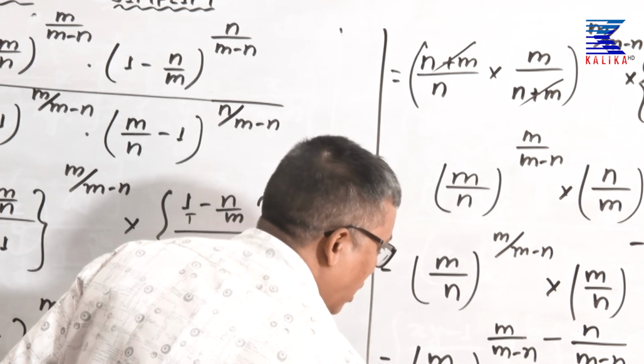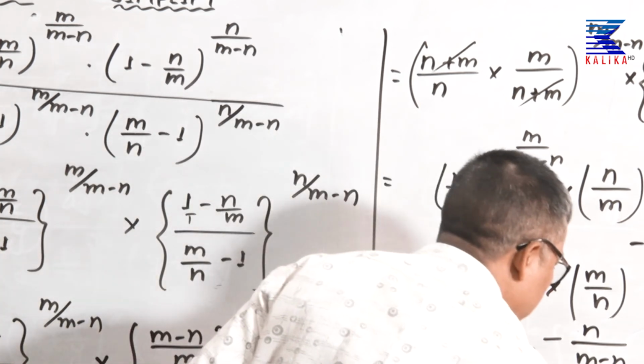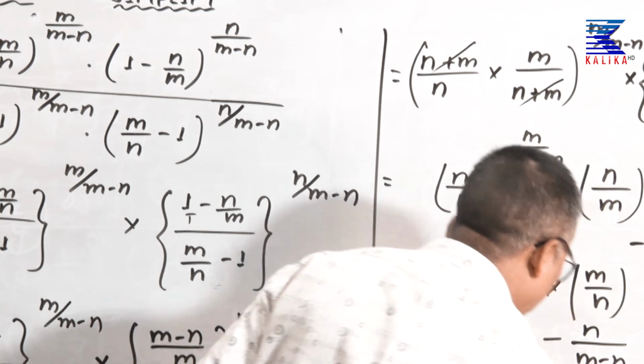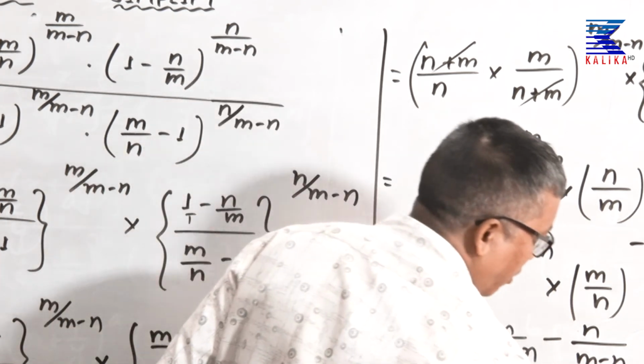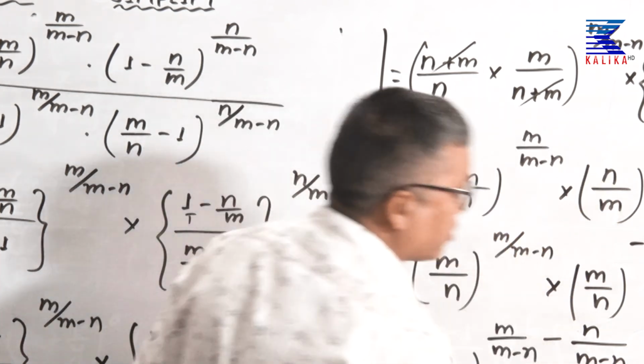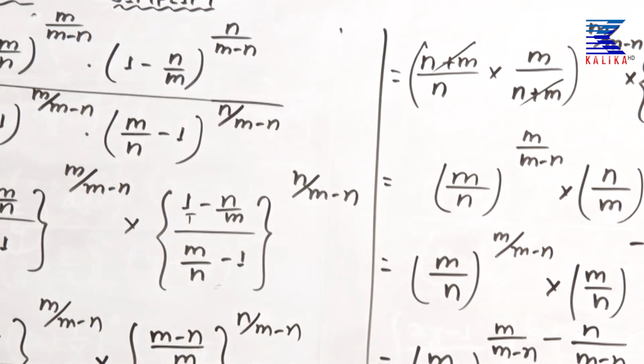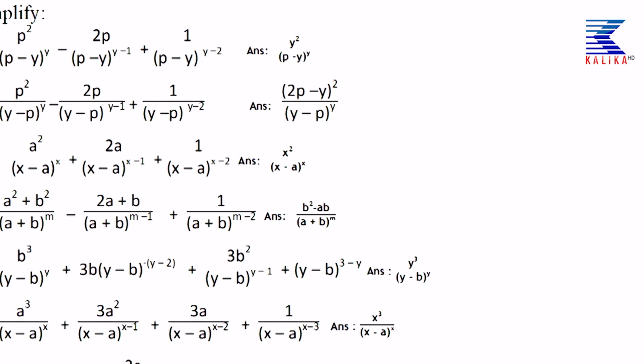Okay? And this cancels, the answer is (m/n) to the power 1, no need to write power 1. This is the answer to this question. Okay? Then other questions are similar to question number 1 and 5, so you can do them yourself, practice it.